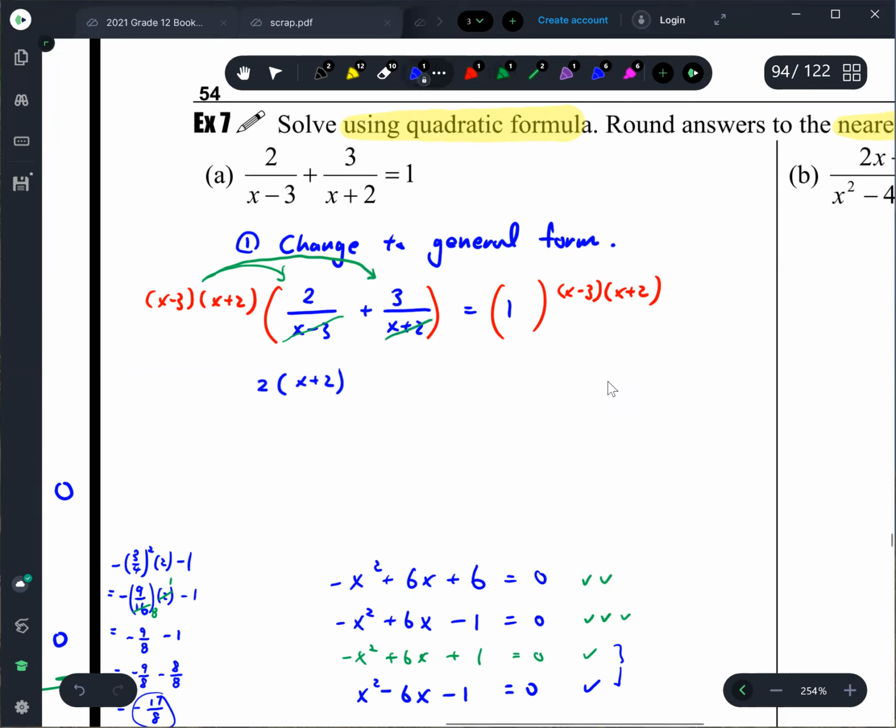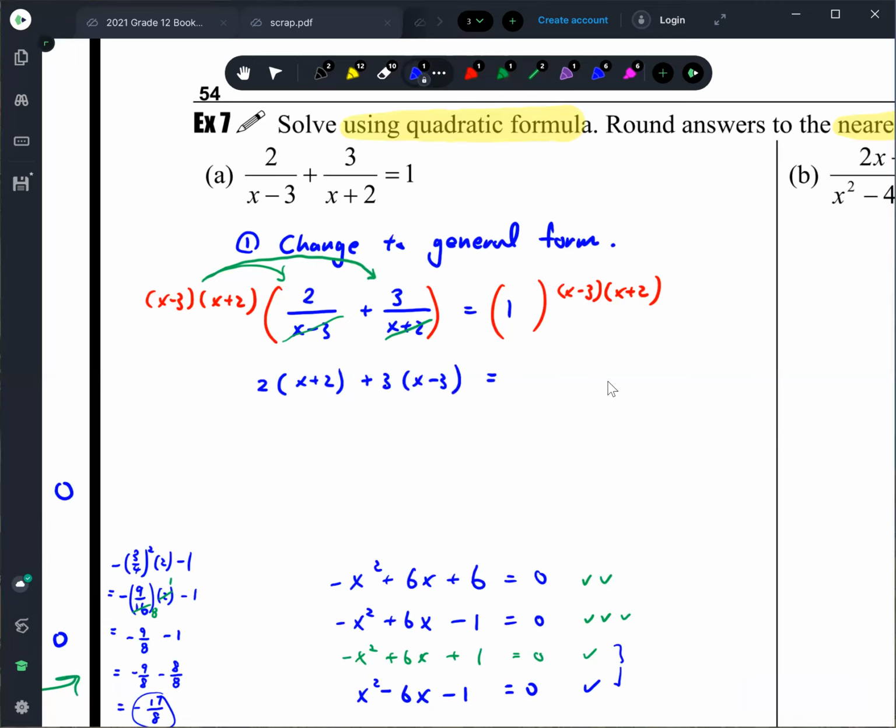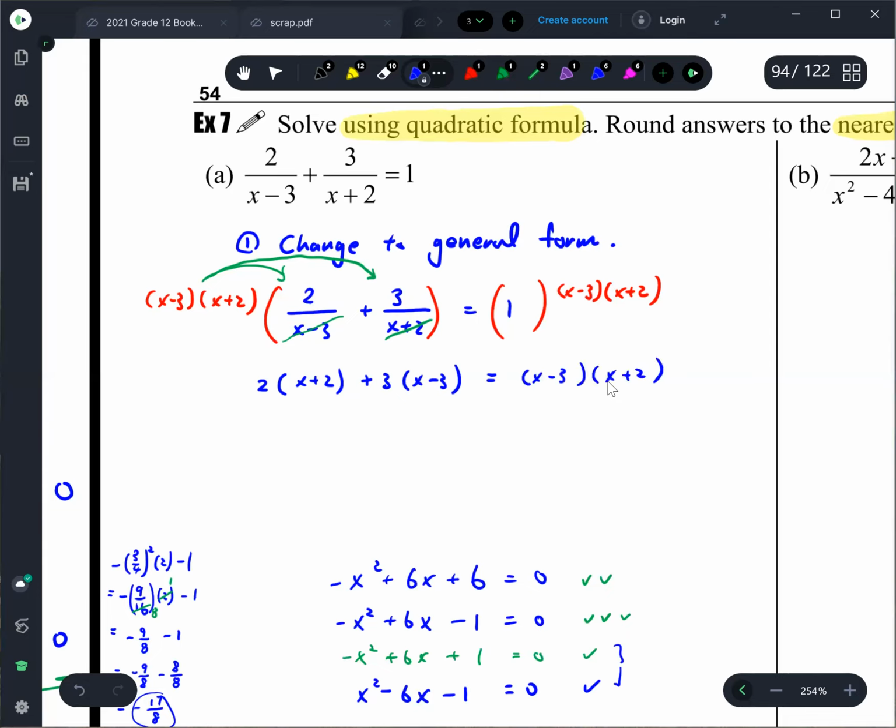So you should be left with plus 3 times x minus 3. Right hand side times 1, it doesn't do anything, so I'm just going to ignore that. Okay, double check your work. Your first line should look like that. And then just expand, okay? 2x plus 4, 3x minus 9.